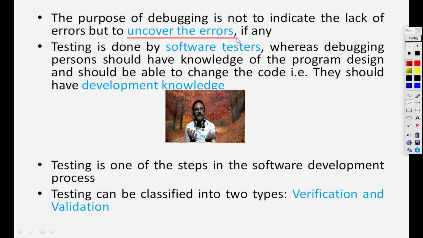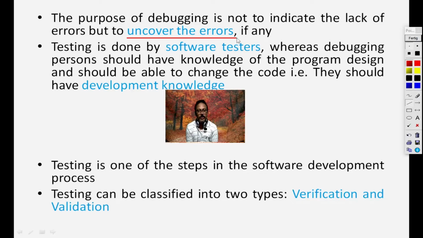The mother fails to identify the problems with the child. So similarly, program developers are so close to the program, they can't find the errors. So it is given to separate people called software testers. But debugging is usually done by the people who are involved in the program development.